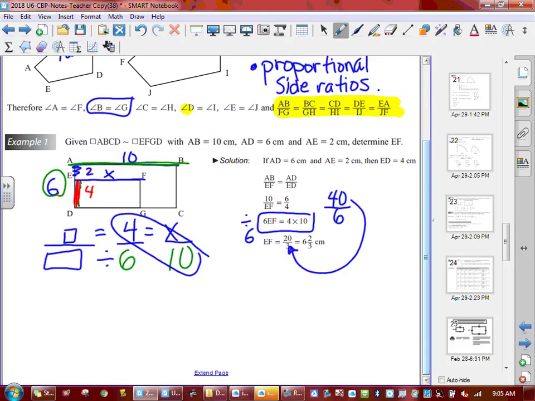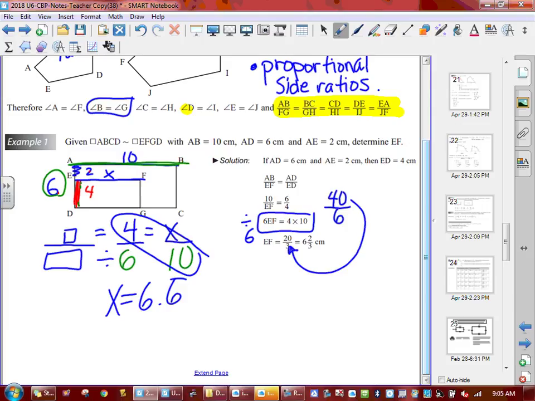That's where they get that number. Okay? So we're going to get an answer of 6.6 repeating. So x equals 6.6 repeating. So this is the idea between each one of these types of objects. It's just not a triangle now, it's a square.